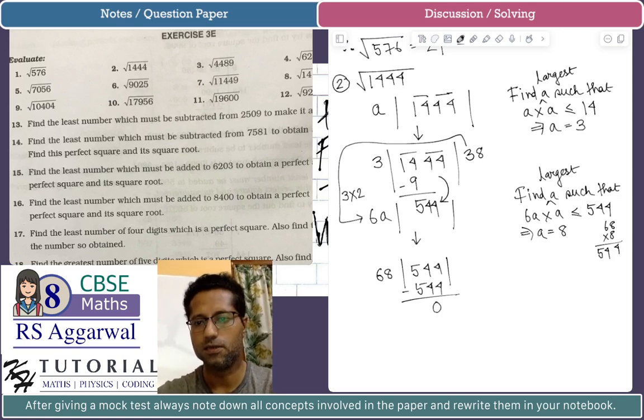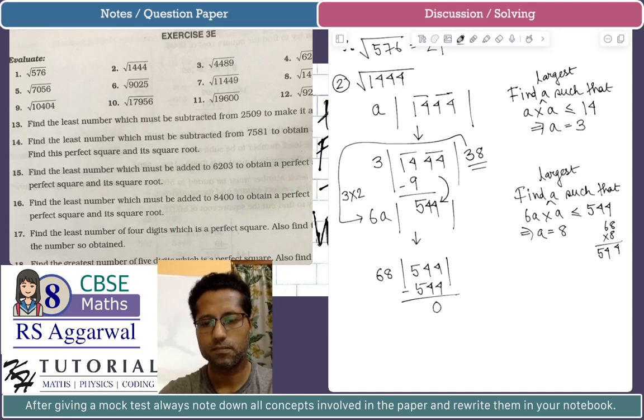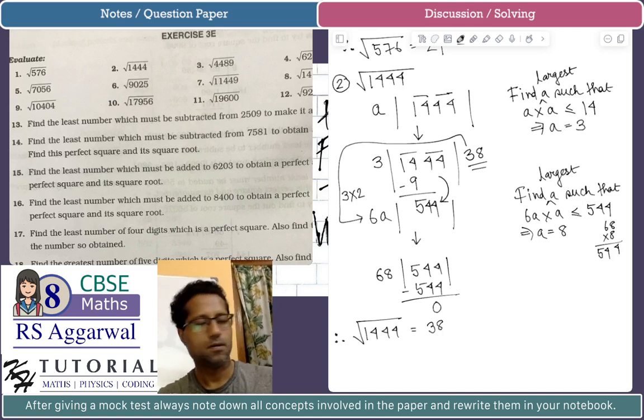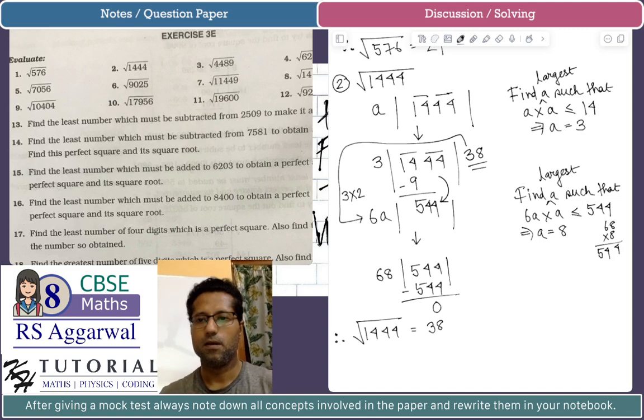So the answer is 38. Therefore the square root of 1444 is equal to 38. I will always check with the calculator whether the answer is correct. Okay, 38 is the correct square root.